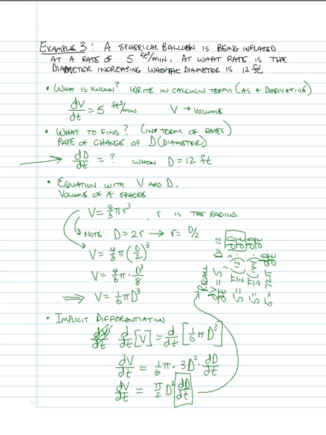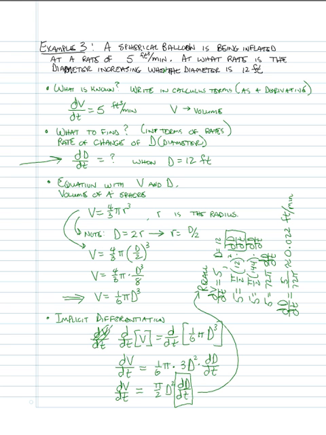And so we would divide both sides by 72 pi to calculate our rate of change. So we'd have 5 divided by 72 pi, and that's approximately 0.022 feet. Remember, this is a rate of change of diameter, okay? And so the rate of change is 0.022 feet per minute. That's the time units that we're talking about.